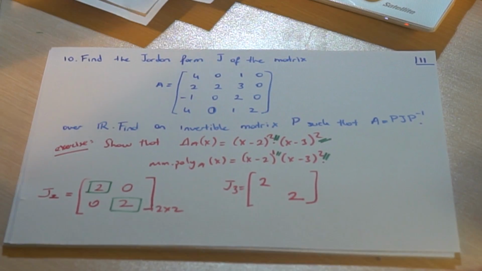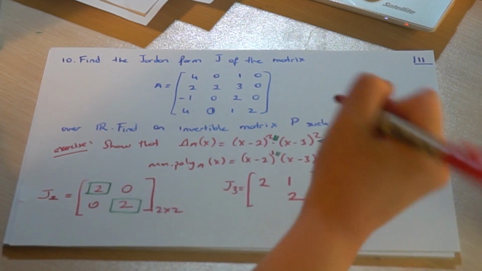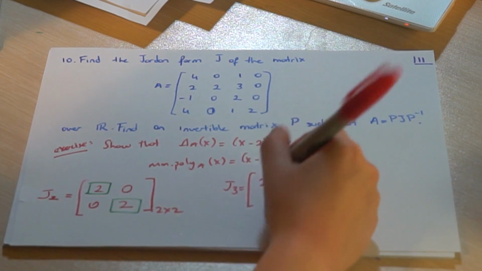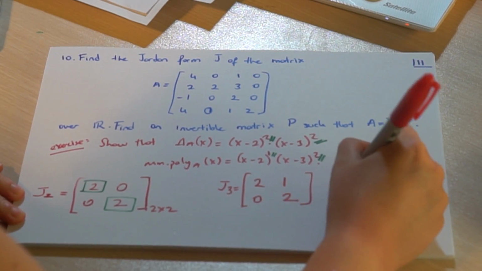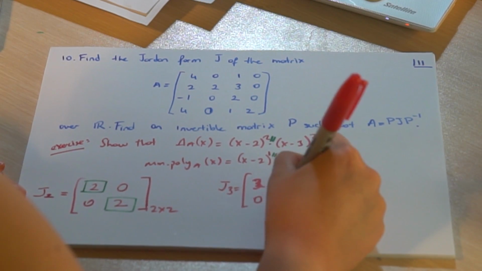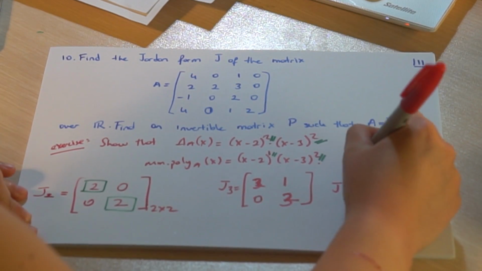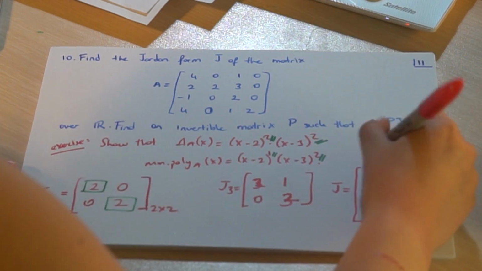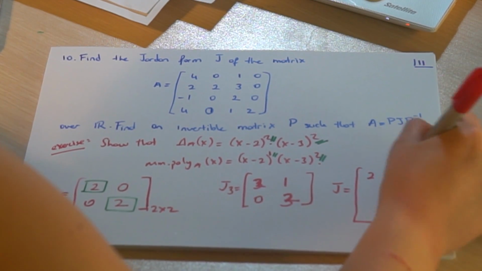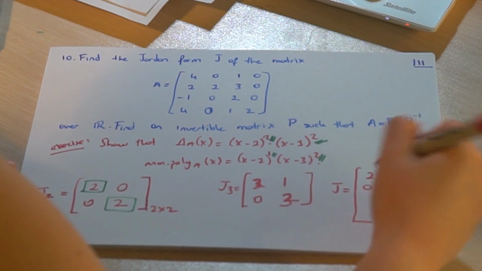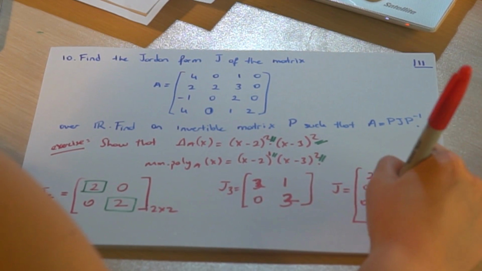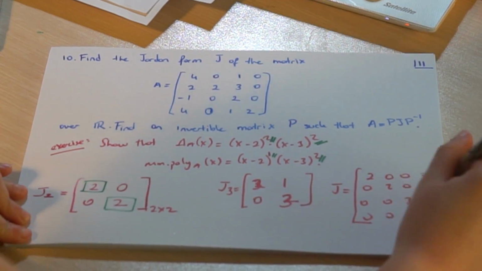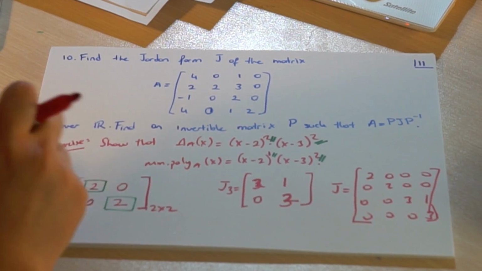So 3, 3, this must be 1 and this must be 0. We are at eigenvalue 3. So our Jordan matrix will be of the form 2, 0, 0, 0, 0, 2, 0, 0, 0, 0, 3, 1, 0, 0, 0, 3. This is our Jordan form.